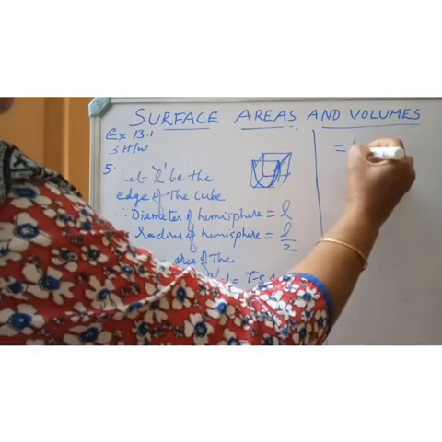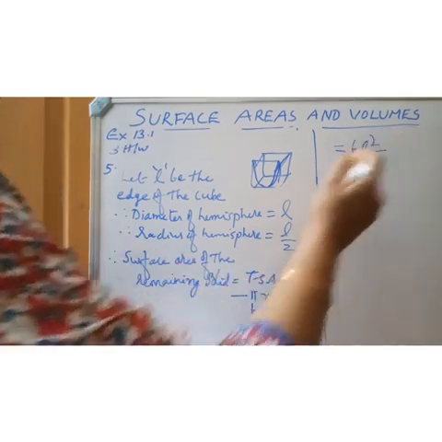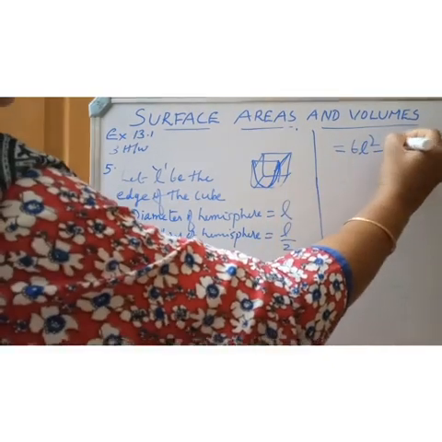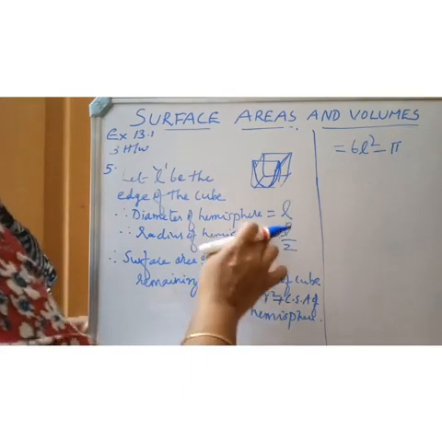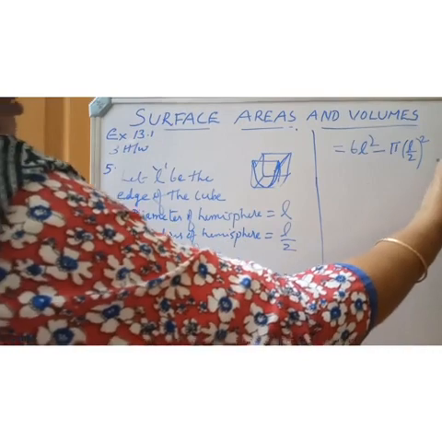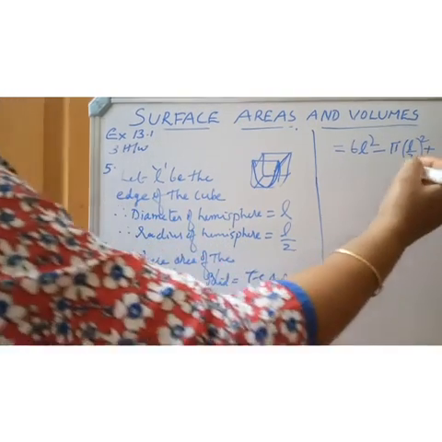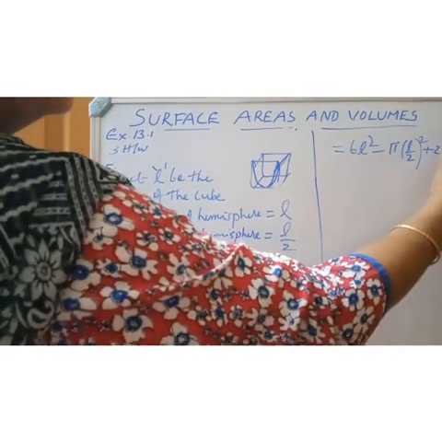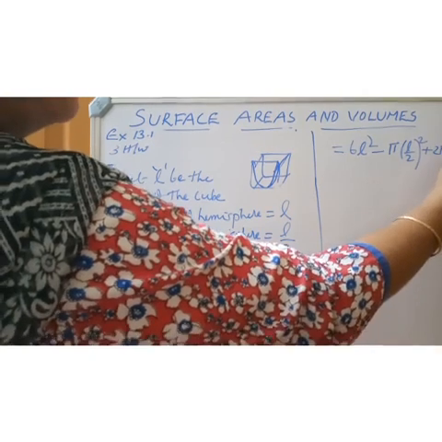So 6L square minus pi r square. Here r is L by 2, so L by 2 the whole square, plus 2 pi r square. So 2 pi into L by 2 the whole square.